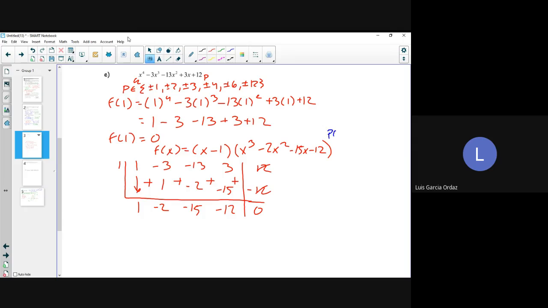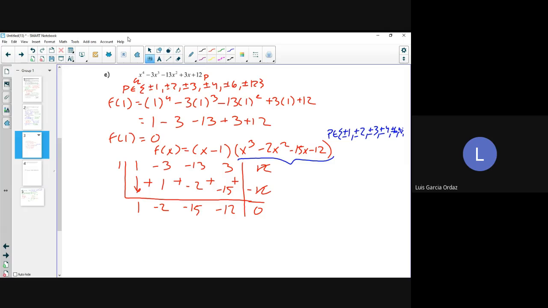So factors of p, we already did 12, so we have plus and minus 1, 2, 3, 4, 6, and 12. So now looking at this polynomial expression, and given the factors of 12, which factor do you think will give us 0?